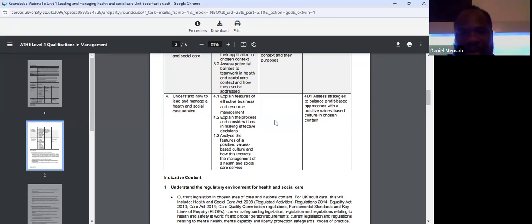And then 4.3, where we analyze the features of a positive value-based culture and how it impacts the management of health and social care services. Whilst for the merit and distinction, we need to assess the strategies to balance profit-based approaches with a positive value-based culture and context.